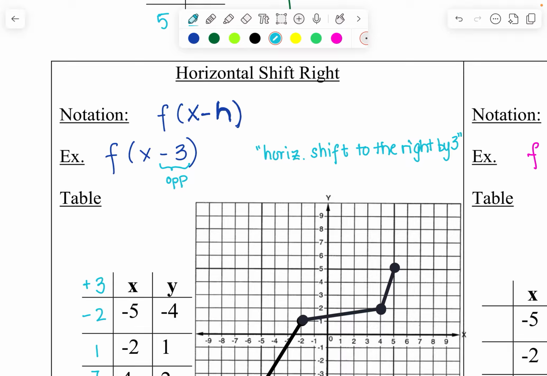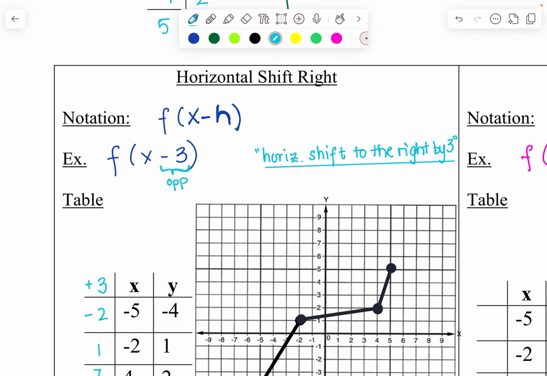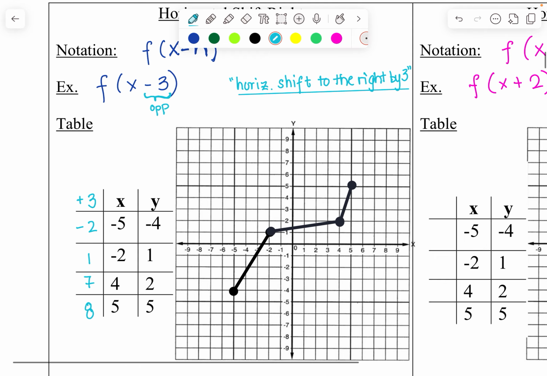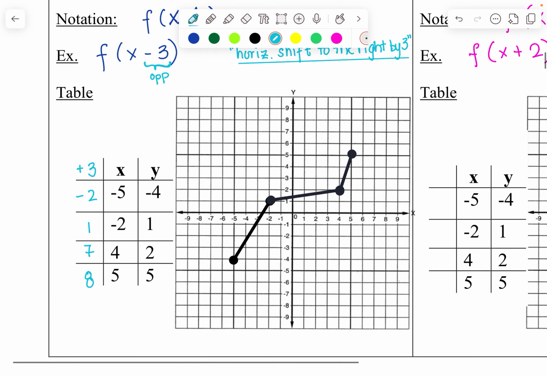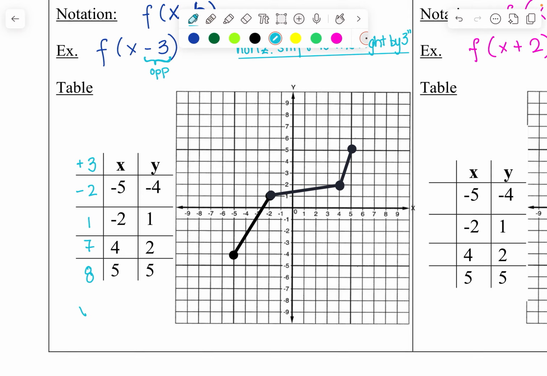Whenever you're asked to describe your transformation, this is what you would say: a horizontal shift to the right by 3. And take note, it's in the opposite direction. This becomes my new x coordinate, and I'm going to stick to my original y coordinate. There's no transformation along the y-axis.